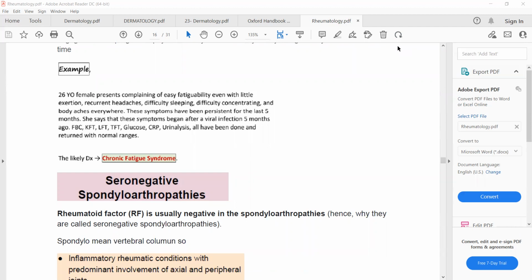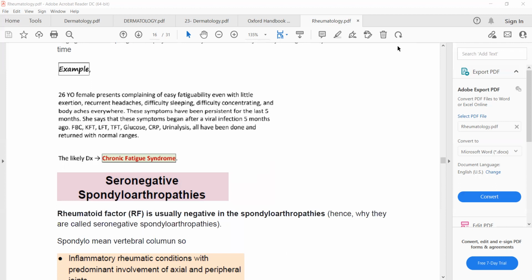Okay, so for chronic fatigue syndrome, there is always a history of a viral infection? Yes, normally chronic fatigue syndrome starts after a viral infection. And that could be like a simple cold or flu? Yes, like a simple viral flu.